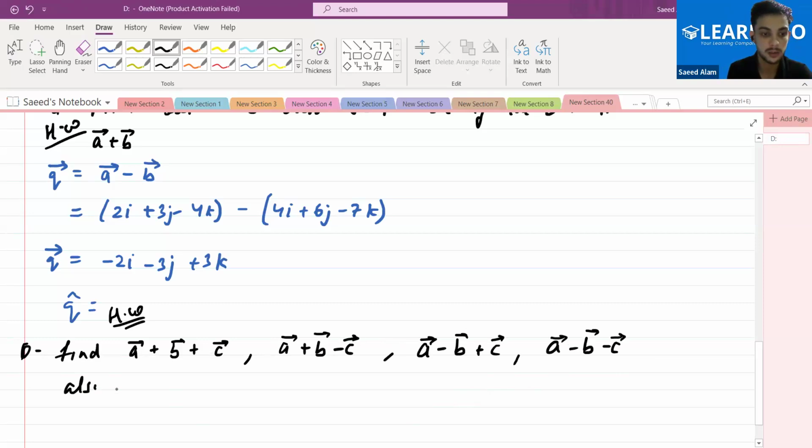Also find the unit vector in all four cases.